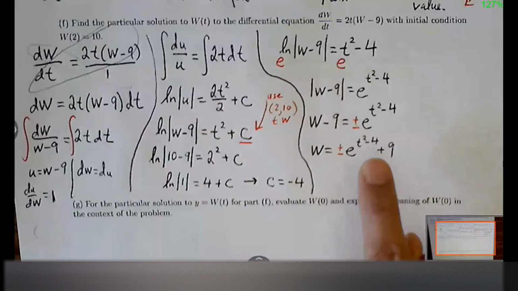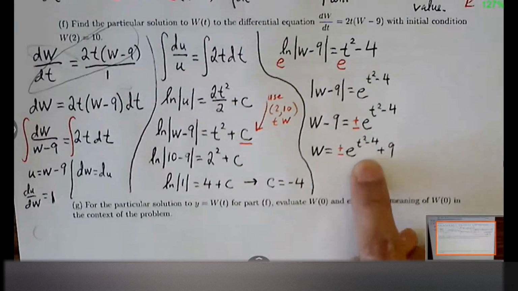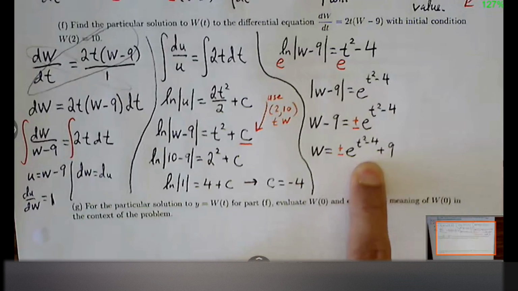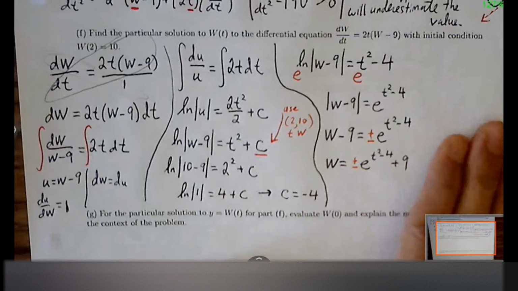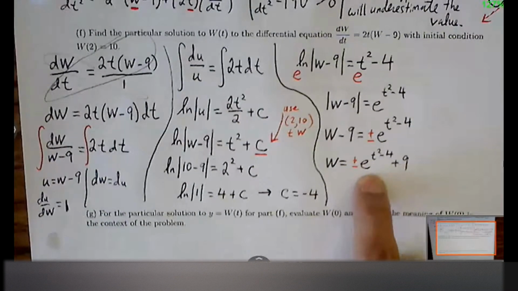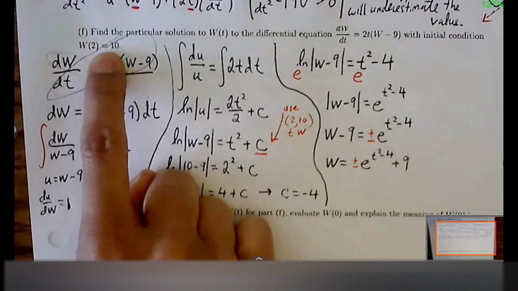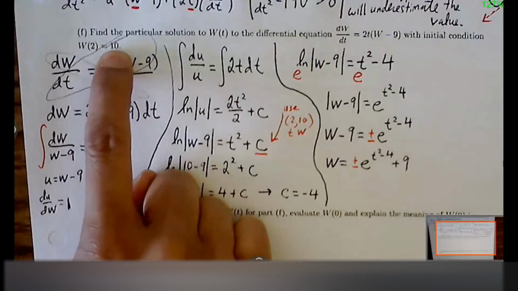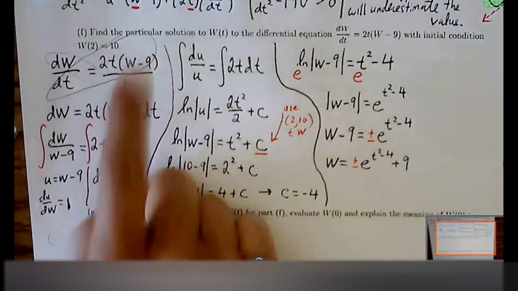Now, we have to understand that we're staring at two separate solutions, two separate equations, but we only want one of them. And the way we decide which one to choose is we go to the ordered pair, because the ordered pair is going to tell us which one we keep. You look at the y value.